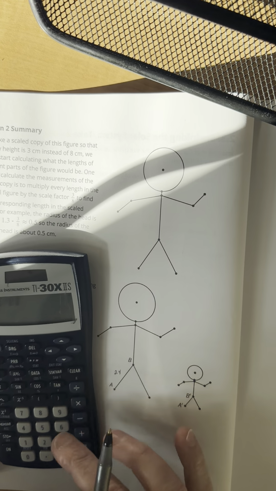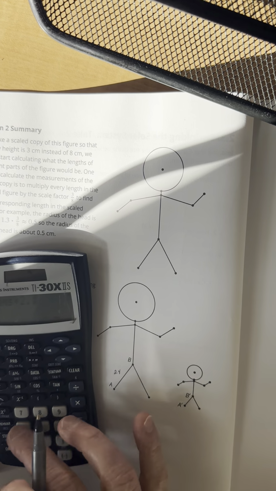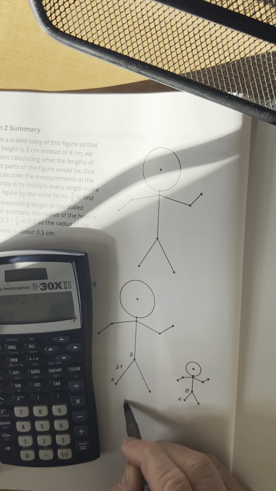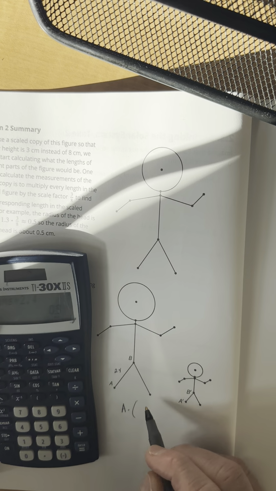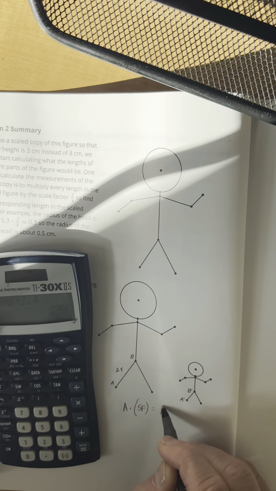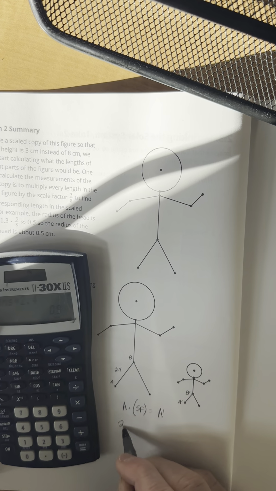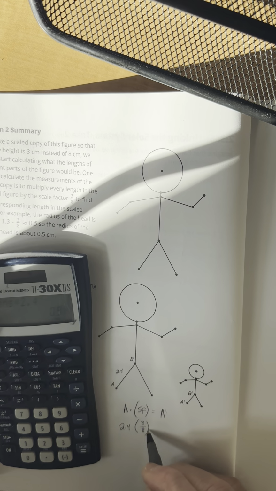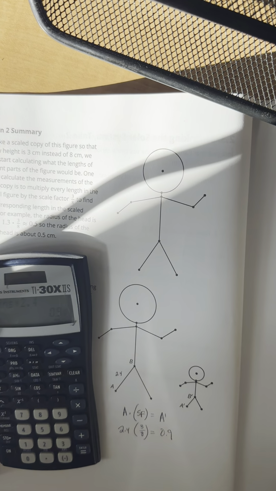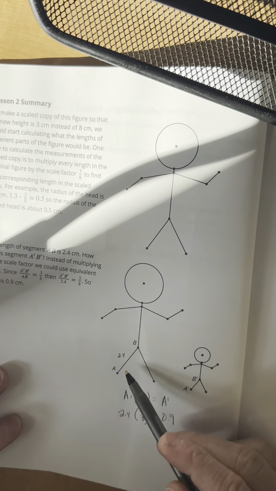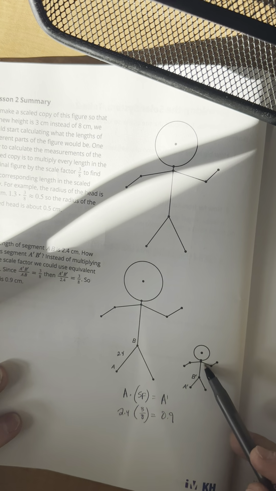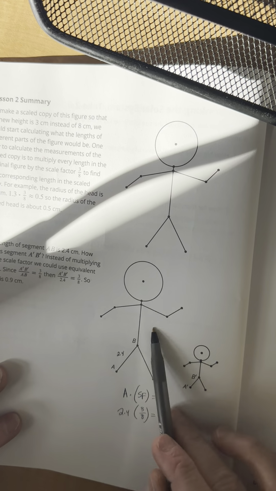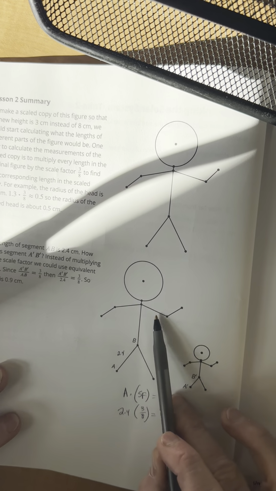So 3 divided by 8 times 2.4 ends up equaling 0.9. So you take A times your scale factor equals A prime. So 2.4 times 3/8 equals 0.9. And that's how you do every single body part scaled. So that this little guy ends up being, every single part is exactly 3/8 as big.